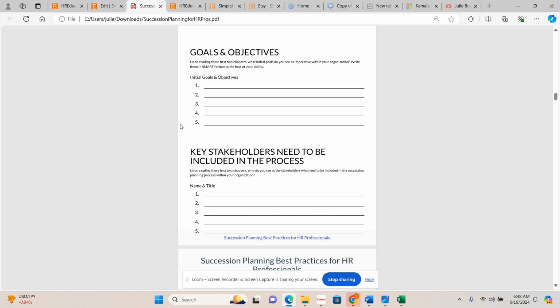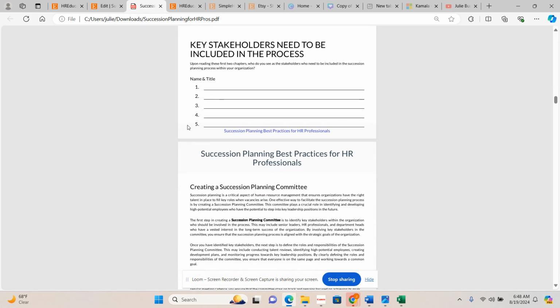But you need to go ahead and think about who your key stakeholders are, your CEO, your CFO, whatnot, who need to be involved in the process. And they may or may not be on your succession planning team. That's going to be up to you. So just know with that in mind, that is what you'll have.